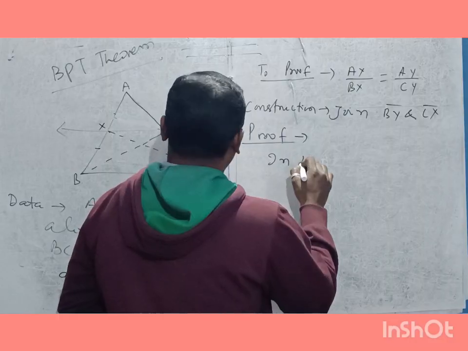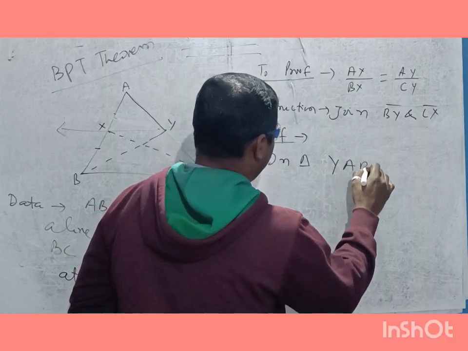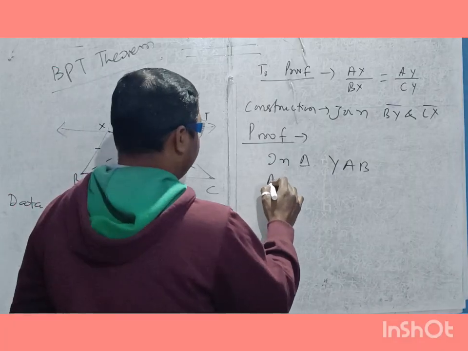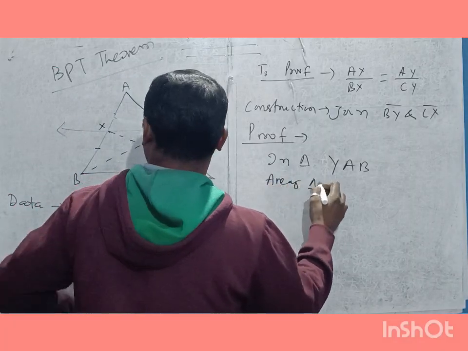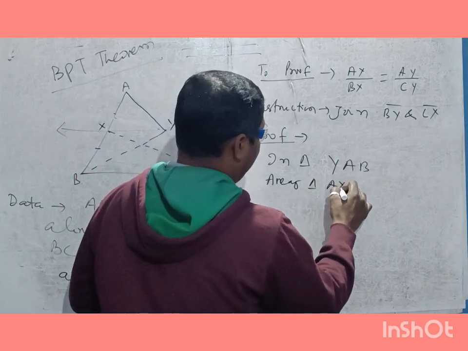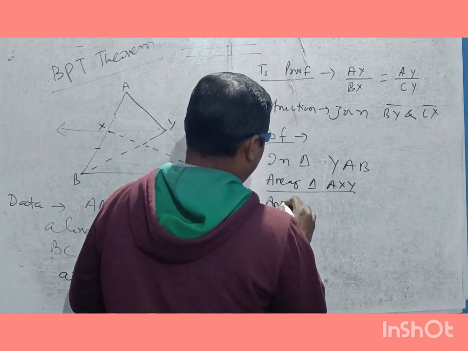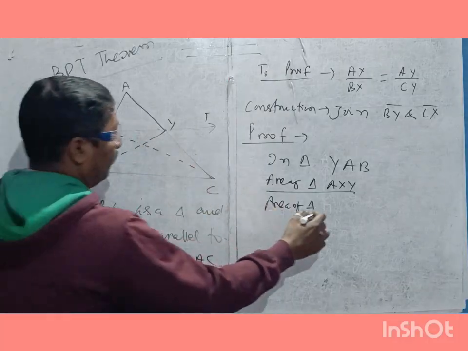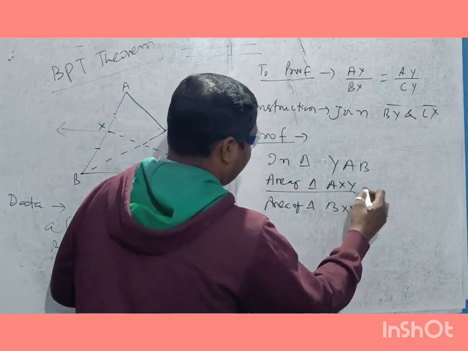So in triangle YAB, the area of triangle AXY to the area of triangle BXY will be how much?